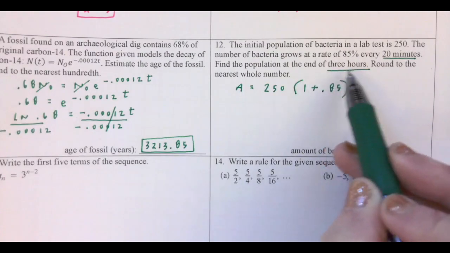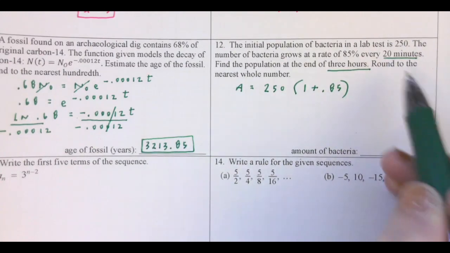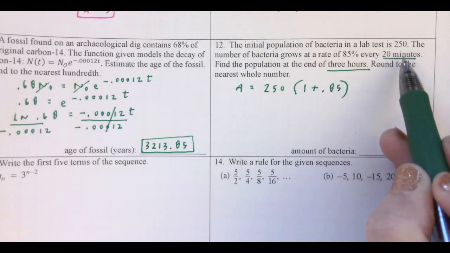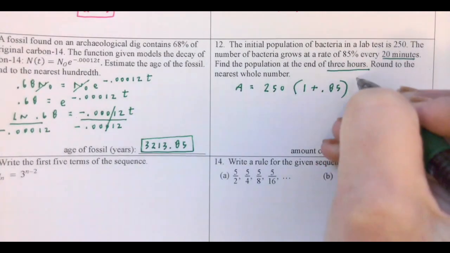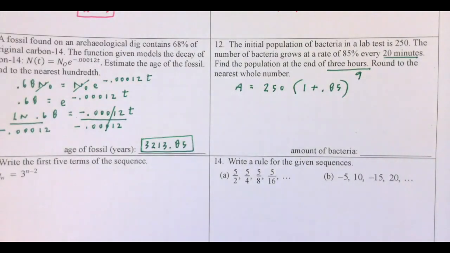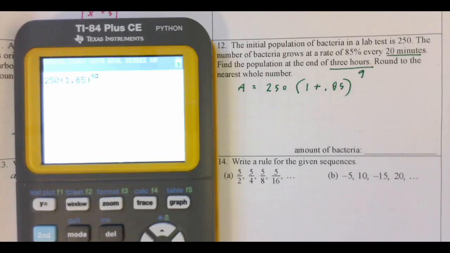So in 3 hours time, right, that means that we're going to see 9 20-minute periods. So 20 minutes in 1 hour happens 3 times. So in 3 hours, it happens 9 times. So that's really what I'm going to plug in. So I'm looking at, well, what is 250 times 1.85 raised to the 9th power?